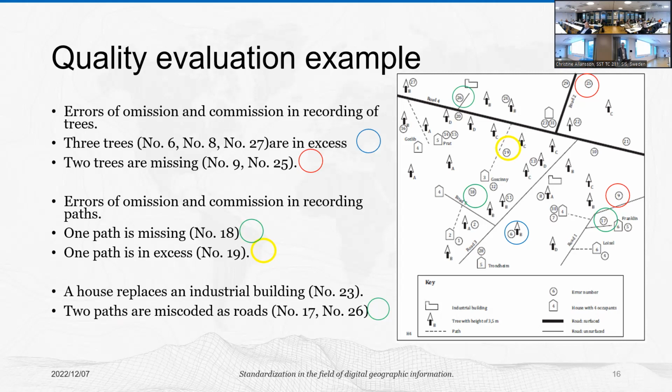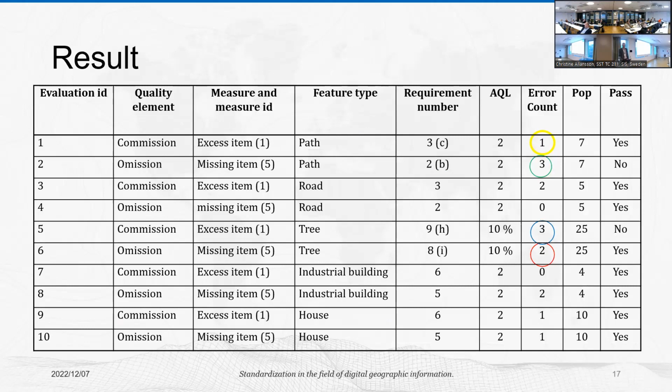If you look at the green circle, there is one path missing there, and the yellow circle is one path in excess. And then you can see in the table how many errors you have, the quality limit, and whether the data will pass the quality tests.